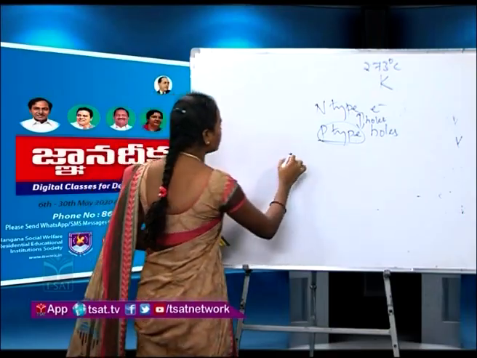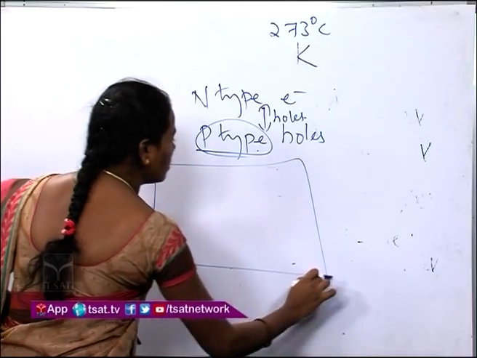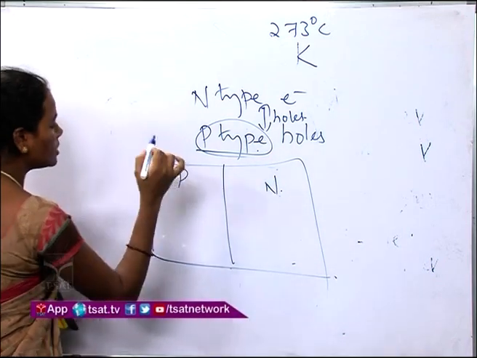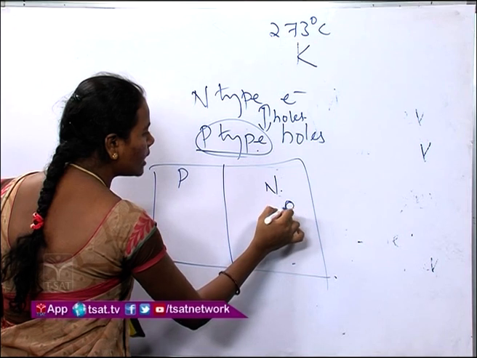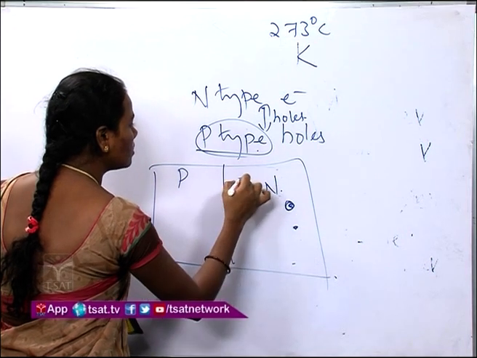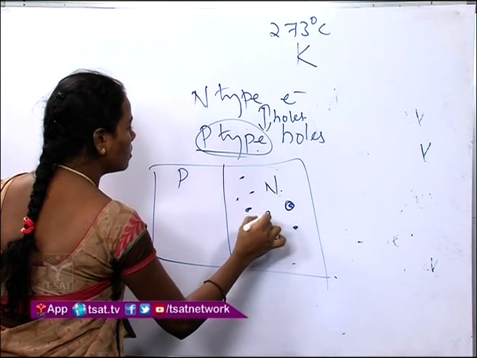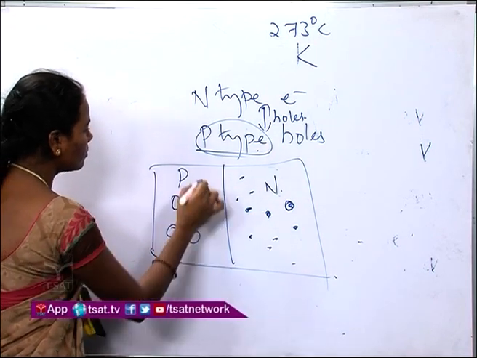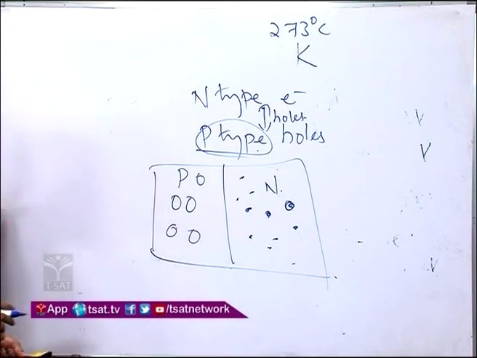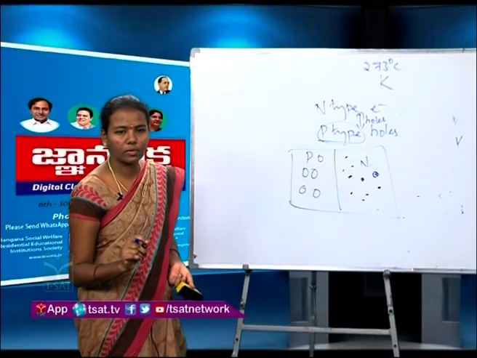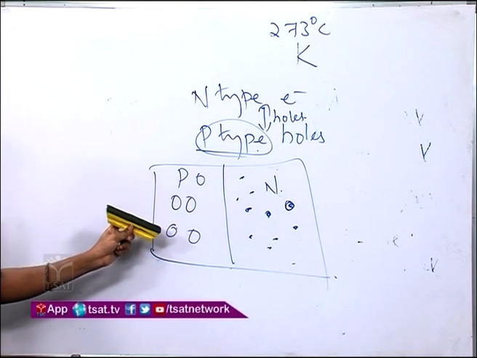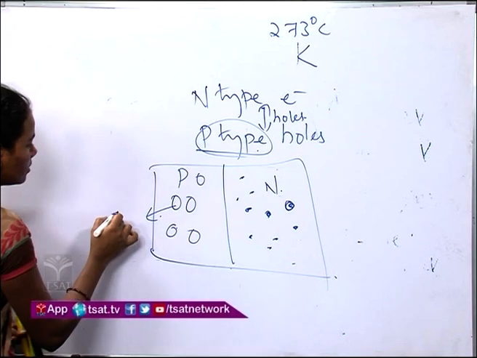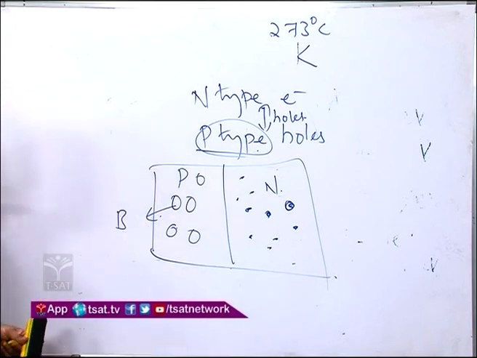So what happens? Let us consider this is N type and this is P type. There are electrons here and there are holes here. Holes are nothing but acceptor impurity. We have seen earlier that boron is an acceptor impurity.